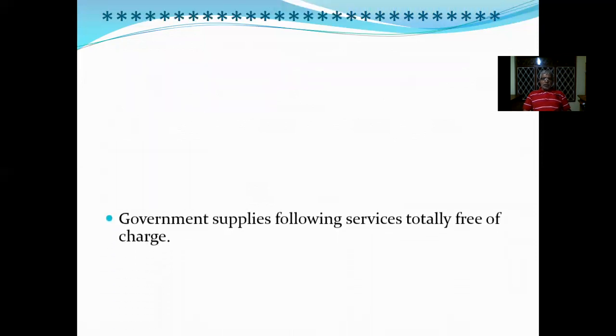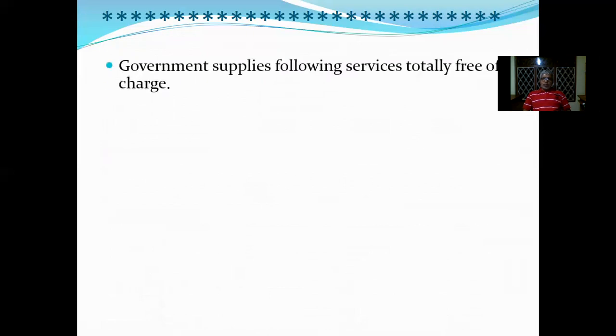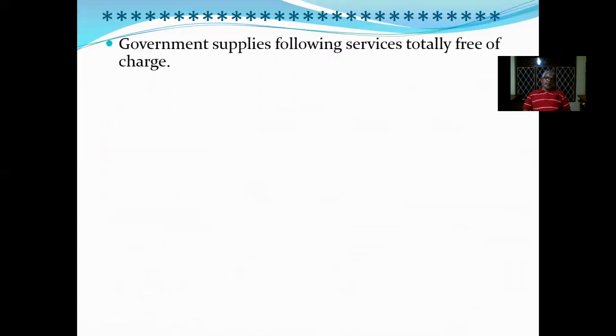Then the government supplies the following services totally free of charge. That means nothing is charged. Especially when you focus your attention on that, you can understand it. If you are in a government school, you understand it because your service is totally free of charge. If you take treatment from a government hospital, it is totally free of charge.